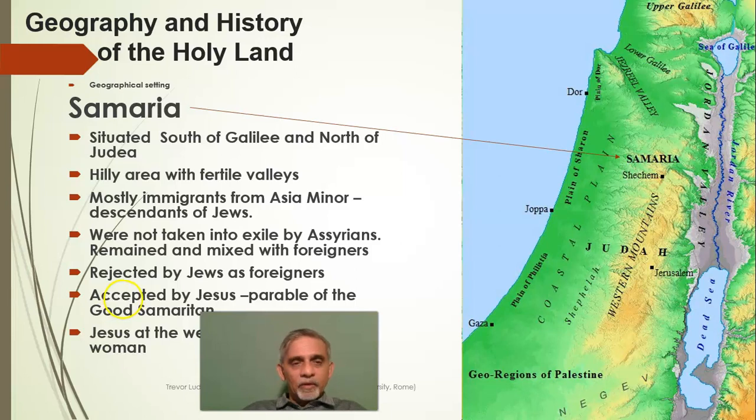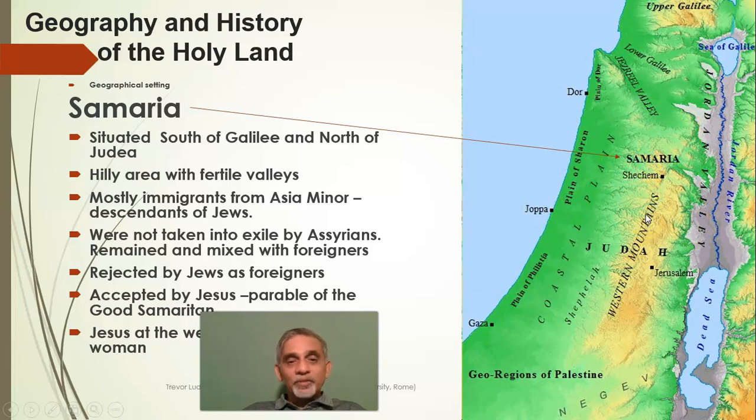They were not taken into exile by the Assyrians. They remained and mixed with foreigners who conquered this area. That is why they were not considered pure Jews later on, after the return from the exile. So they were rejected by the Jews as foreigners because of intermarriages with the foreigners and the Assyrians and so on.